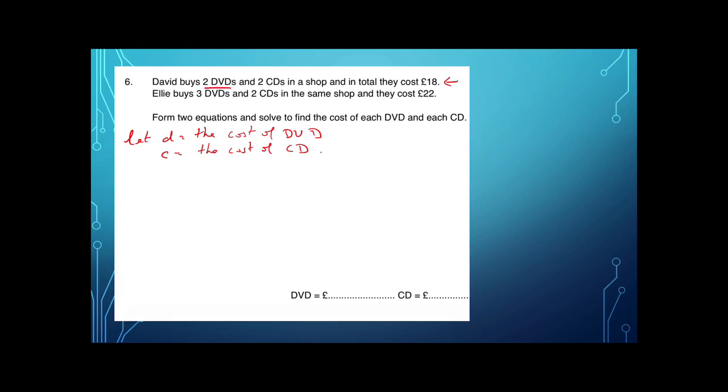Okay, so 2 DVDs, 2D plus 2 CDs is equal to 18. That's my first equation. And then Lee buys 3 DVDs, 3D plus 2C, and that equals 22.